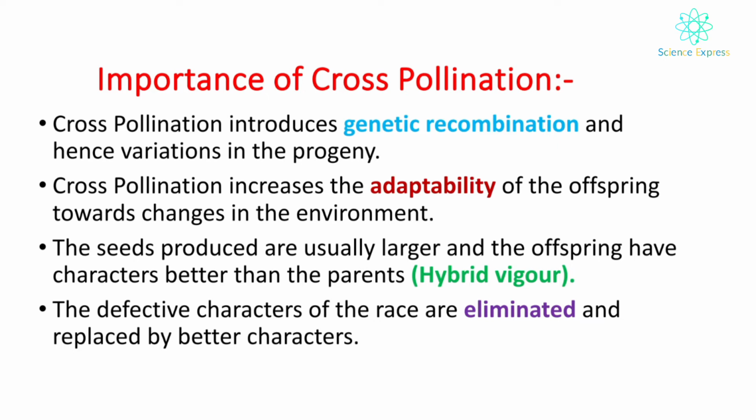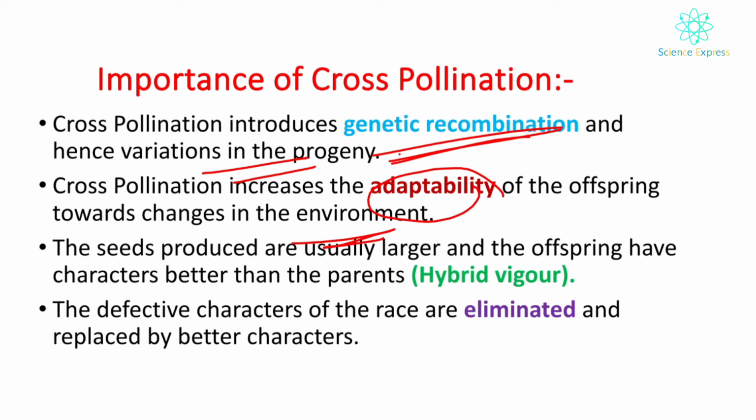Importance of cross pollination: it produces genetic recombination, hence we can find variation in the progeny. Clear? Okay. Cross pollination increases the adaptability of the offspring toward changes in the environment. Okay, actually they are more fitted in the environment.